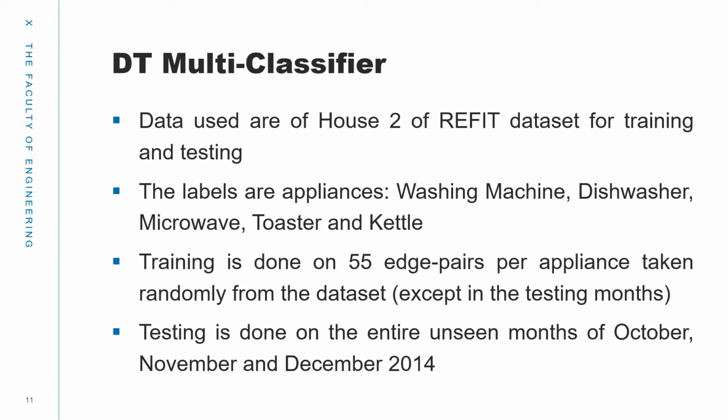For benchmarking purposes, we used house 2 data. Training is done on 55 edge pairs per appliance, taken randomly from house 2 data, excluding the testing months. Testing is done on entire months of October, November, and December of 2014.